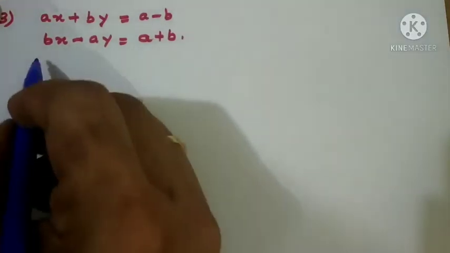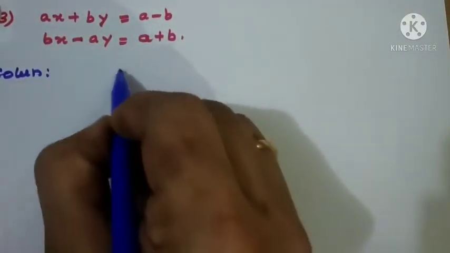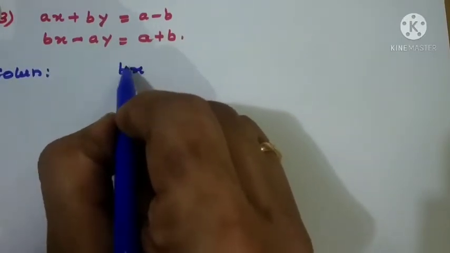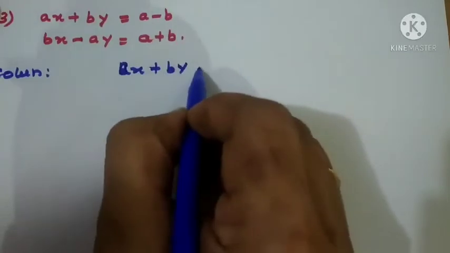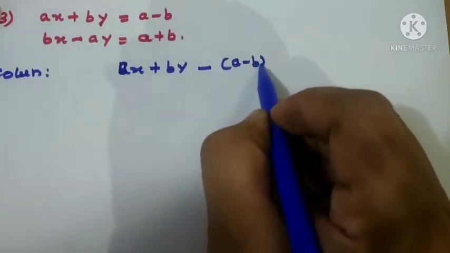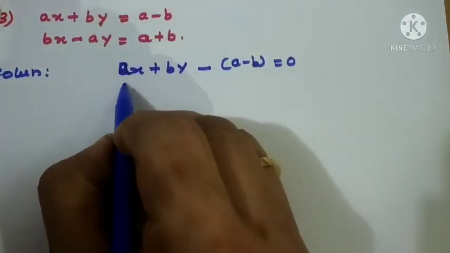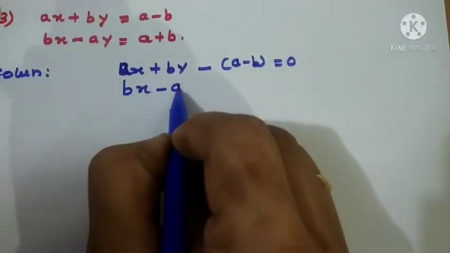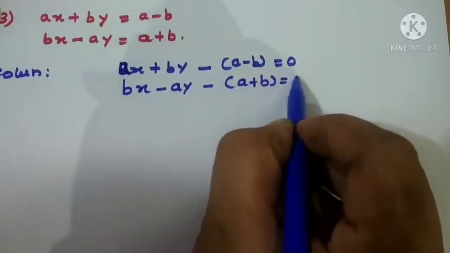We should write in the standard form. ax + by − (a − b) = 0, bx − ay − (a + b) = 0.